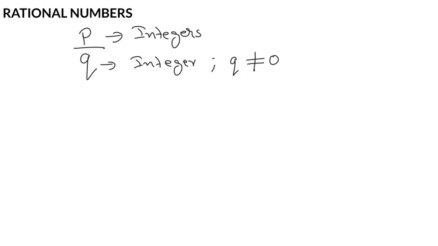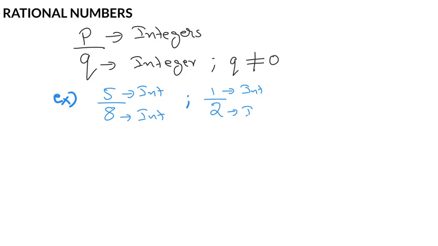Okay, let's look at some examples. 5 over 8. Is this a rational number? Yes, because 5 is an integer, 8 is an integer. Therefore, 5 over 8 is a rational number. Fine. What about 1 over 2? Is it a rational number? Yes, because 1 is an integer, 2 is an integer.